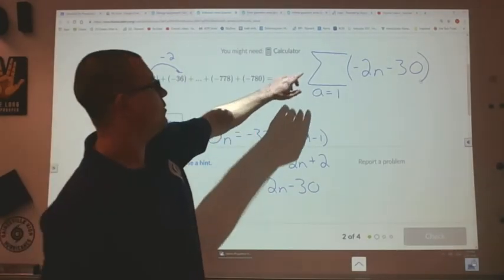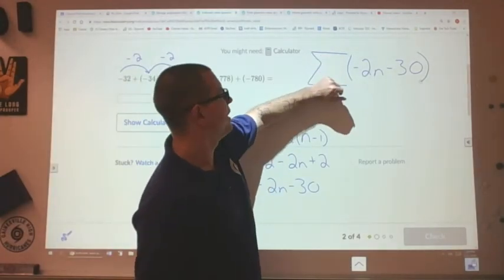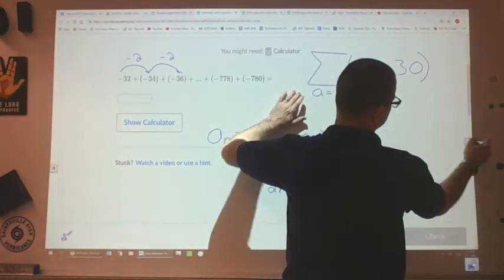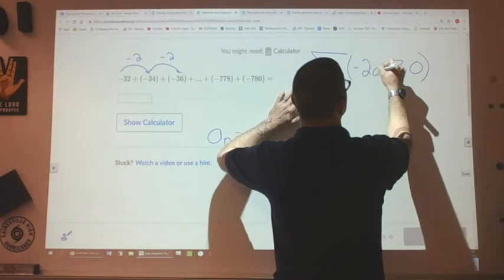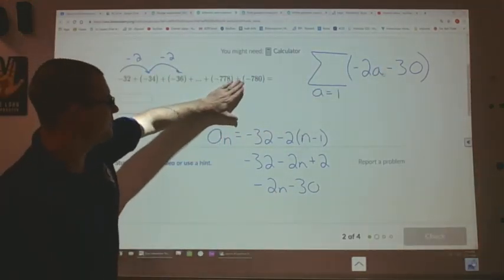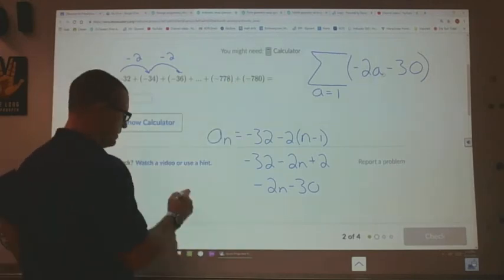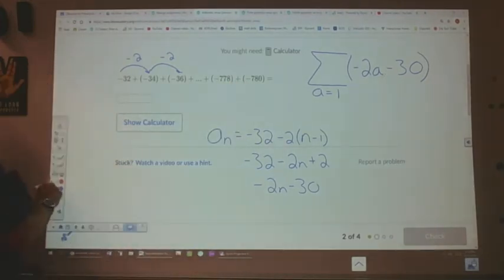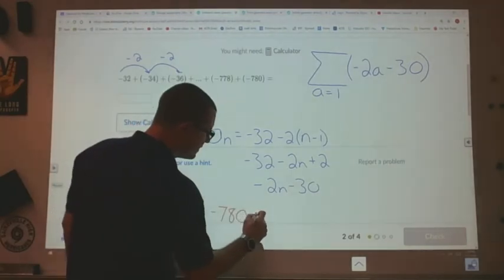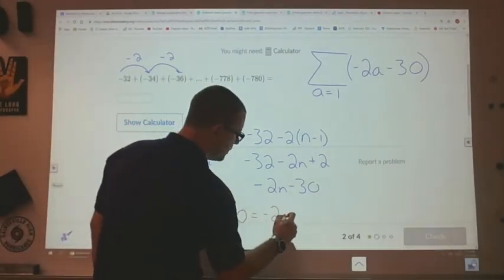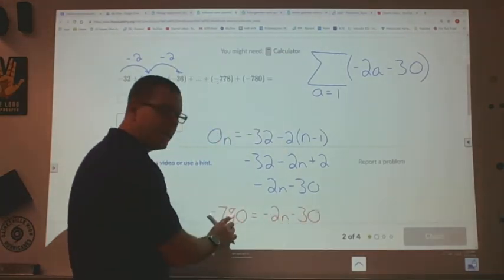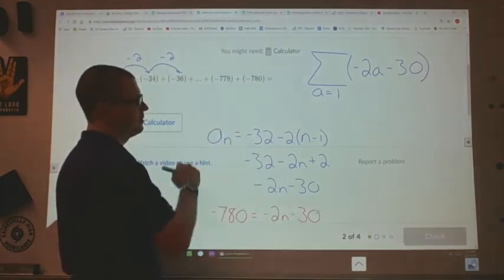All I have to do now is figure out my last index value, which I used A, didn't I? So I'm going to make sure my variable matches. It's a very bad habit that I keep switching my variable around. But now I got to figure out this negative 780, but I can just use this. Negative 780 is equal to negative 2n minus 30. And solving this will give me the index of that last term.